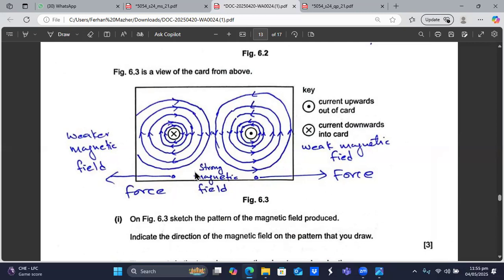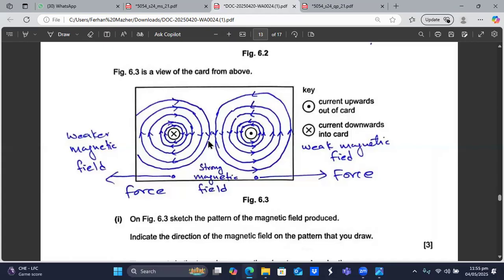Another explanation can be, if you think about this wire as a current carrying wire, it's a current carrying conductor placed in the magnetic field due to the other wire. And this is a current carrying conductor which is placed in the magnetic field due to this current.